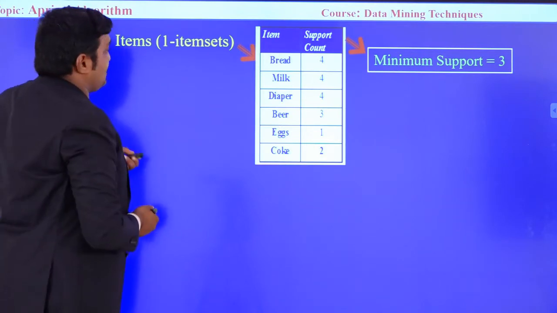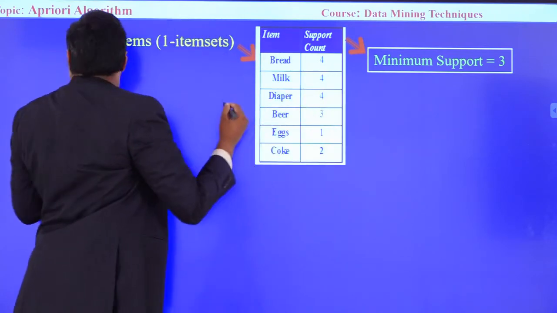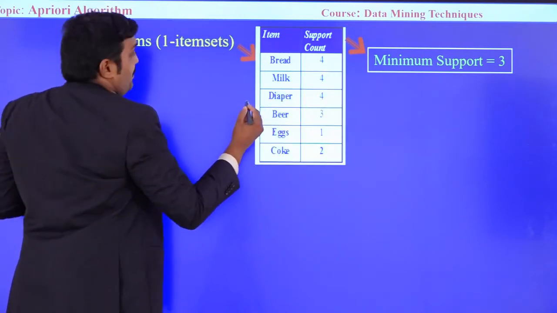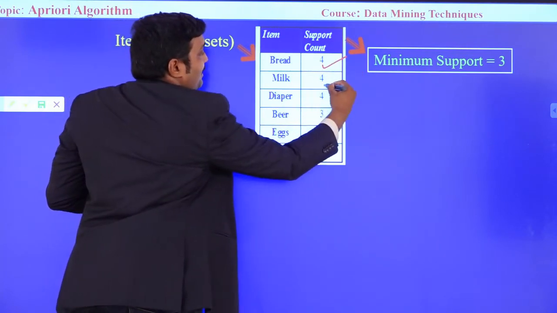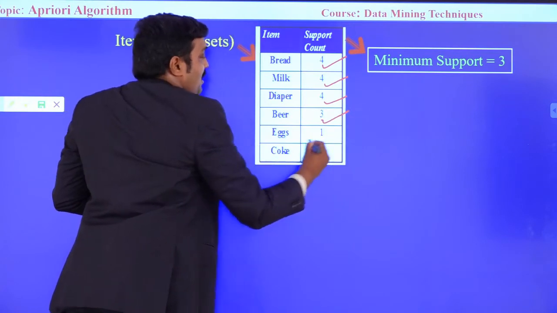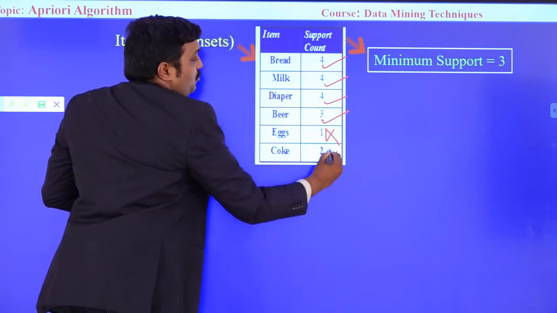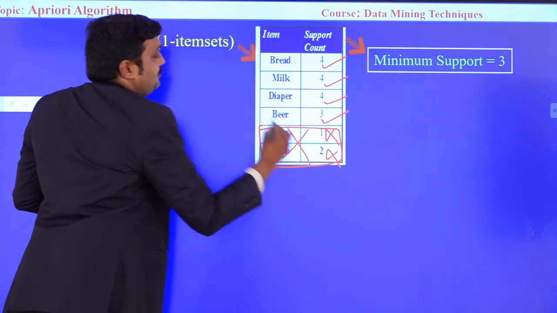So the items with value 3 or more are considered and the remaining are eliminated. Bread is greater than 3, milk greater than 3, diaper greater than 3, beer equal to 3, eggs no, coke no. That means these 2 items are discarded.